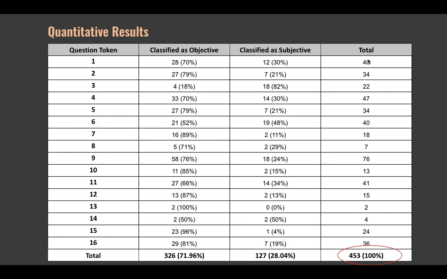Students were found to have used either objective or subjective argumentation a total of 453 times. There were more instances of objective argumentation identified in the corpus than subjective argumentation. The overall percentages of argumentation type show a roughly 70% to 30% split in the data.